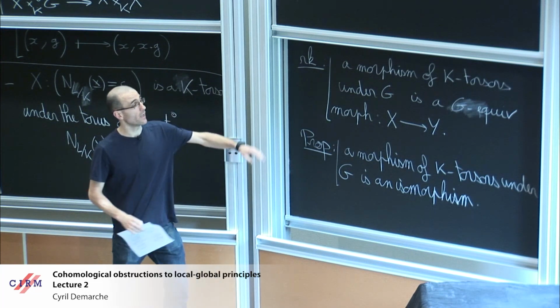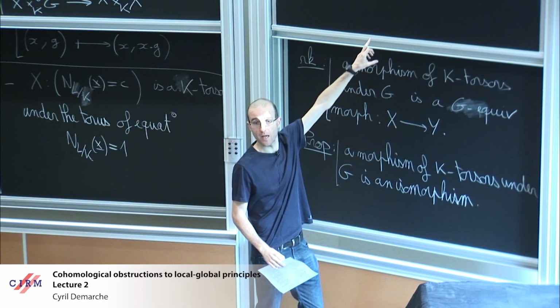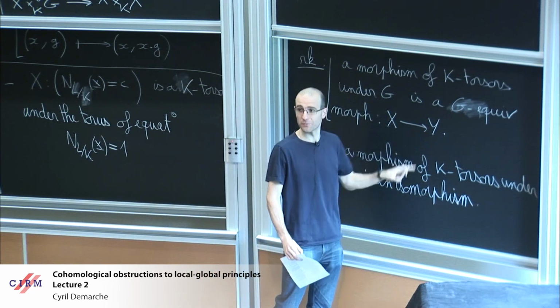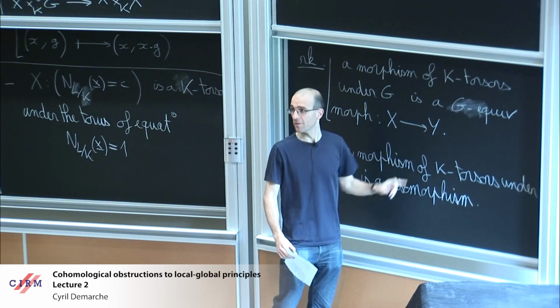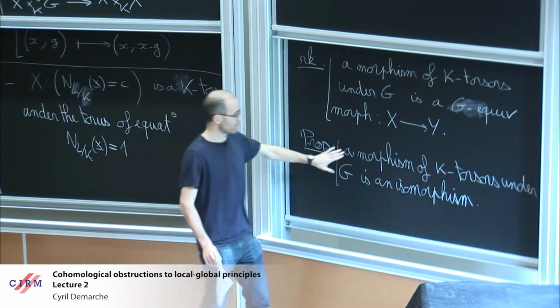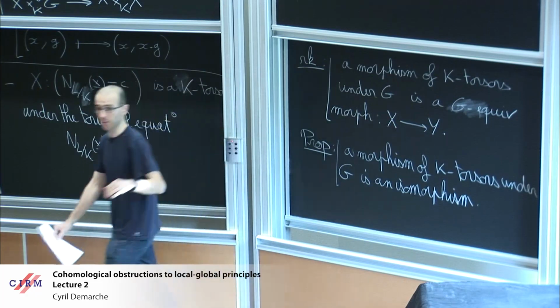Essentially, if you've got X and Y, both become isomorphic to G_L over some finite extension. Then the obvious diagram is commutative, and this forces the morphism to be an isomorphism. So you can rephrase it by saying that the category of torsors under G is a groupoid.